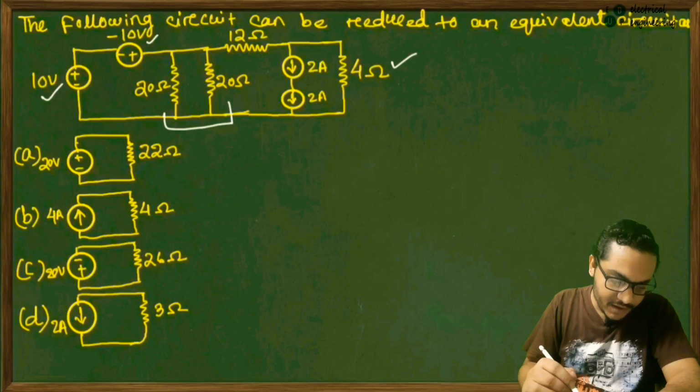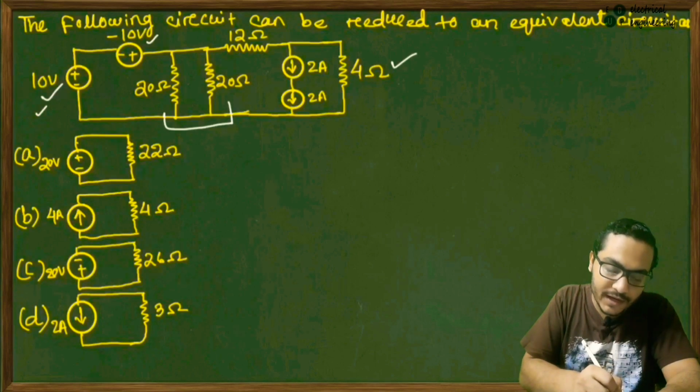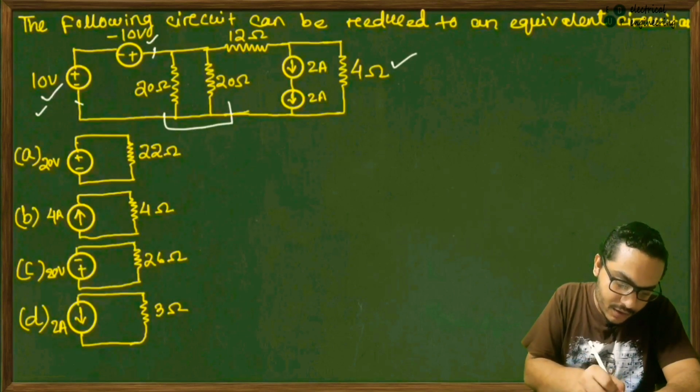If you take a close look, this is positive 10 volt and this is negative 10 volt, connected in series. So if you apply the KVL between these 2 points, we get 10 volt and minus 10 volt. So this is 0 volt. So the equivalent source will be 0 volt.